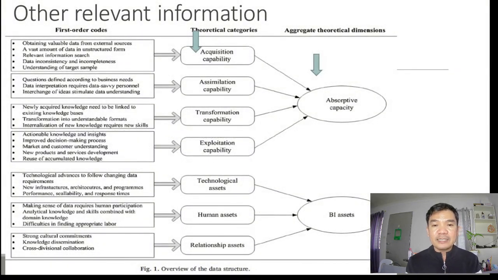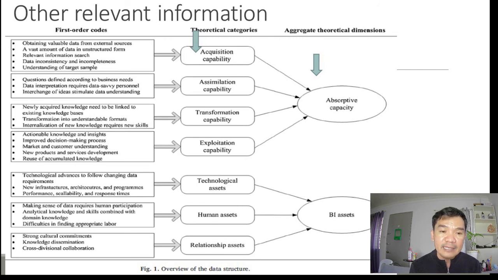There's an arrow here, the theoretical categories, as I've explained before: the greater the acquisition capability, the more assimilation, transformation and exploitation capability, the better the insights can be transformed into valuable knowledge. That means you have greater absorptive capacity.